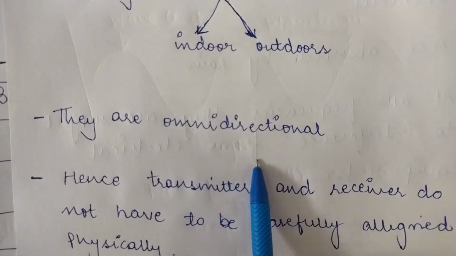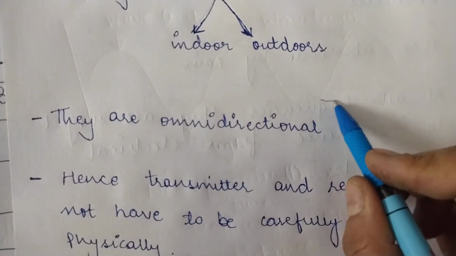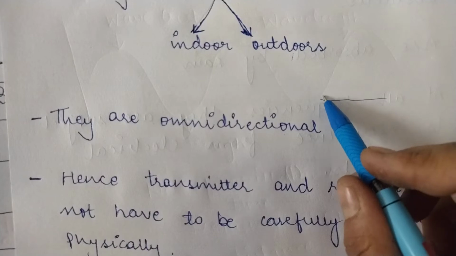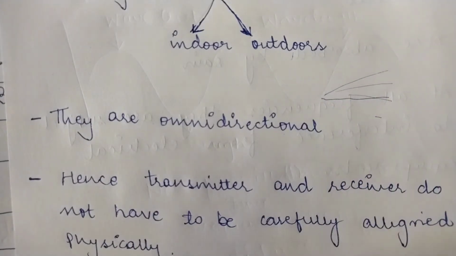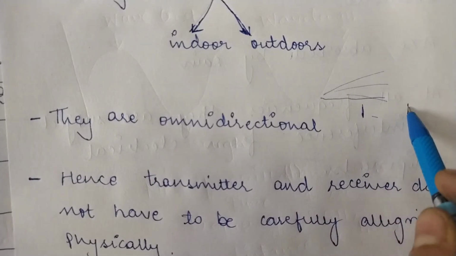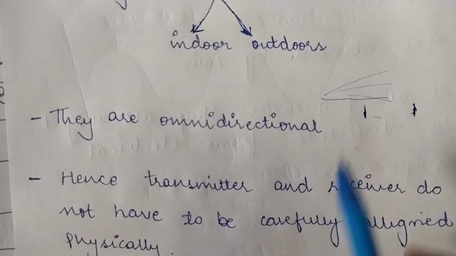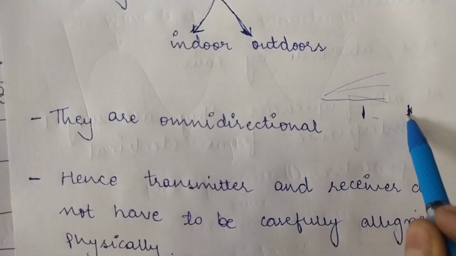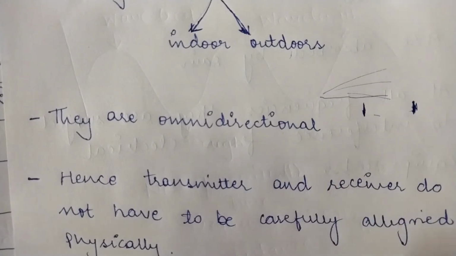Then they are omnidirectional. Now, omnidirectional means they can travel in all the directions. So they do not just have to travel in a straight line. They can travel in this direction, in this direction, in this direction. That means these waves can travel in all the directions. So because of this, there is no restriction of two antennas to be aligned physically in proper alignment, facing each other, since they can travel in all directions.